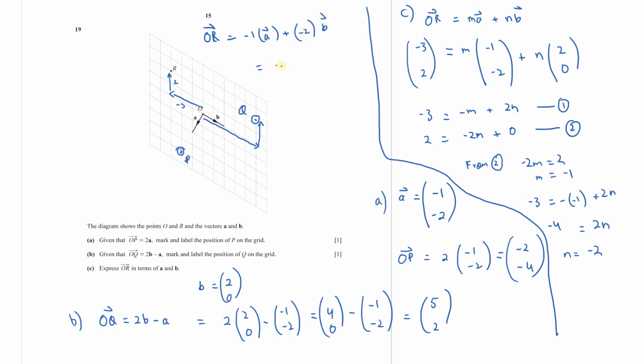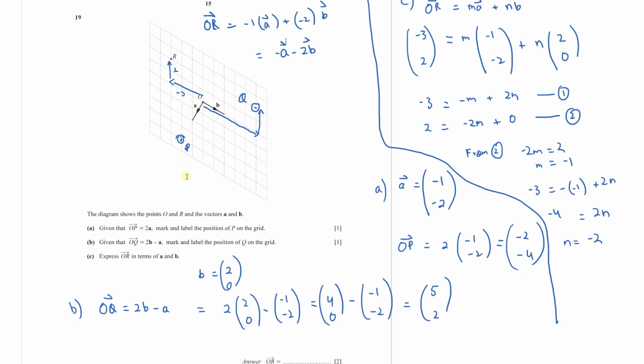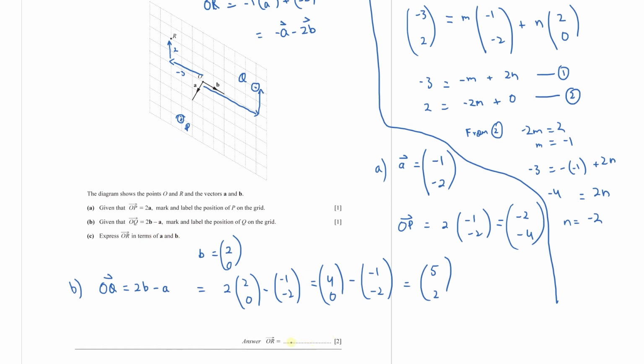So this becomes minus a minus 2b. So my vector OR can be written as minus a minus 2b if you want to express it in terms of a and b. So your answer would be minus a minus 2b.